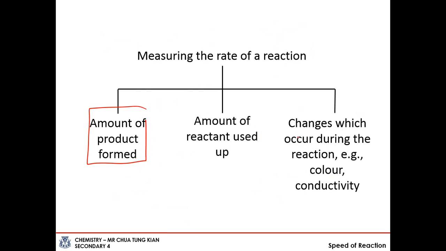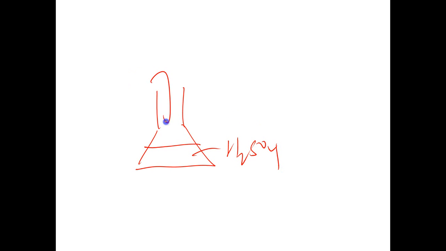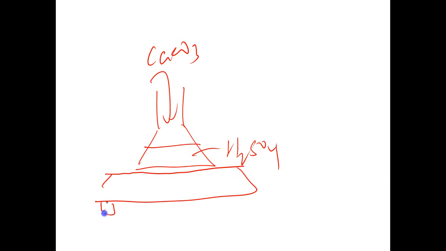Another way of measuring the rate of reaction is to find out how much reactant was used up. So for example, let's go back to the previous case. I were to have some acid inside, and I were to add in calcium carbonate, and then I place this entire setup on top of a weighing scale. So let's say the whole setup weighs 100 grams.